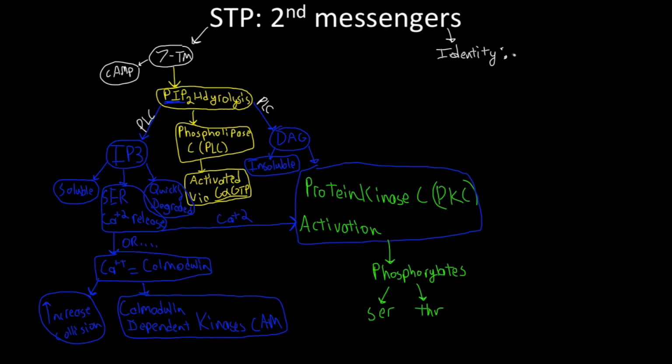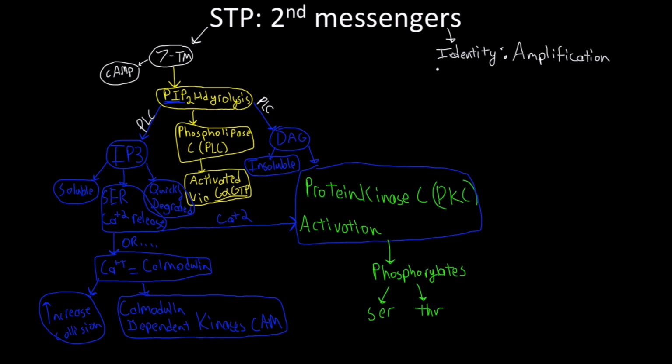That would be an example of a primary messenger, something that directly acts on the cell. The secondary messengers are messengers inside the cell, but what defines them is that it's usually a site of pretty intense amplification. What I mean is that from a single primary messenger binding or activation, this is going to cause the production of many second messengers.